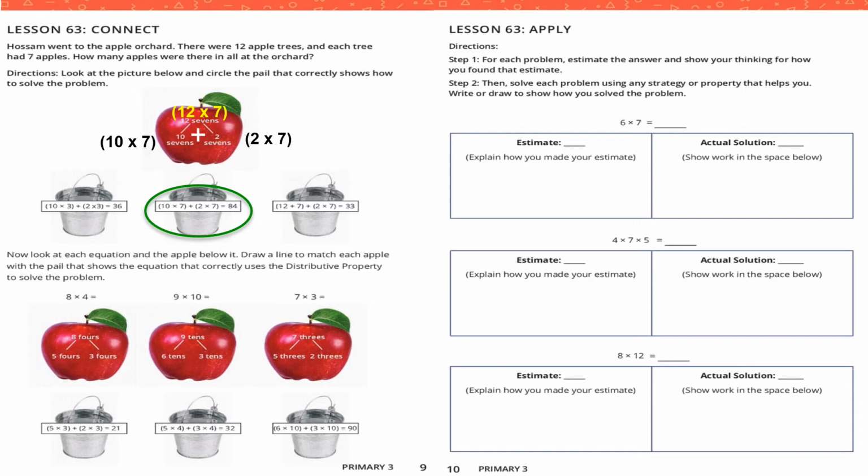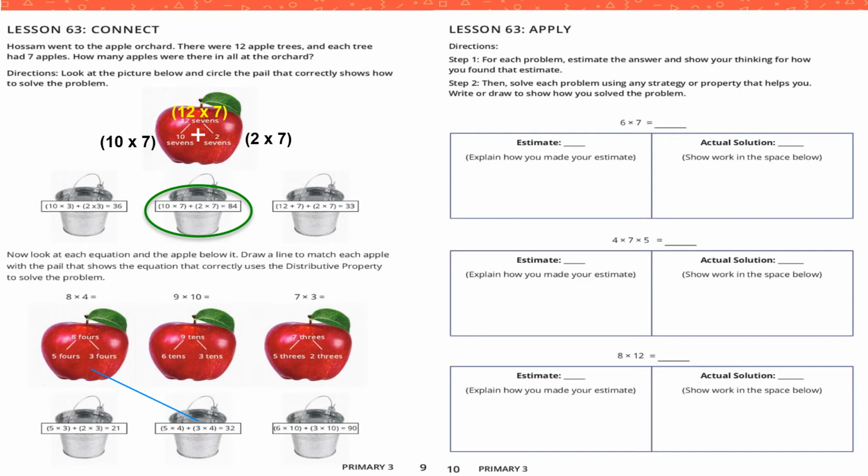Which one here gives me the same equations? 5 times 4 and 3 times 4. Yes, it's correct. The next apple, we have 9 times 10. The equation above the apple, we have 9 times 10.